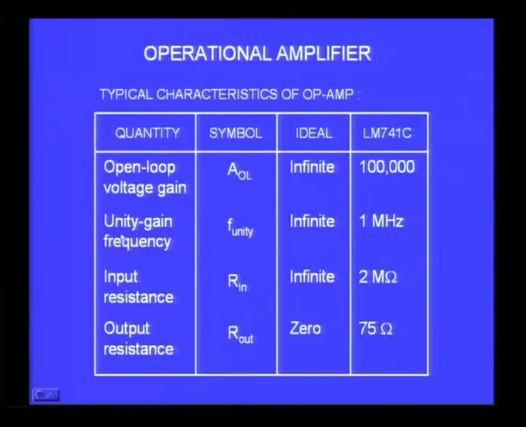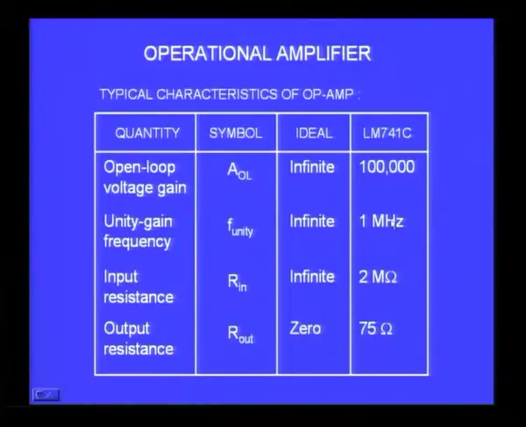If you look at the unity gain frequency, that means the bandwidth with gain 1, you would find for an ideal operational amplifier it is again infinity, and for 741 it is 1 megahertz, 10 to the power of 6 hertz.